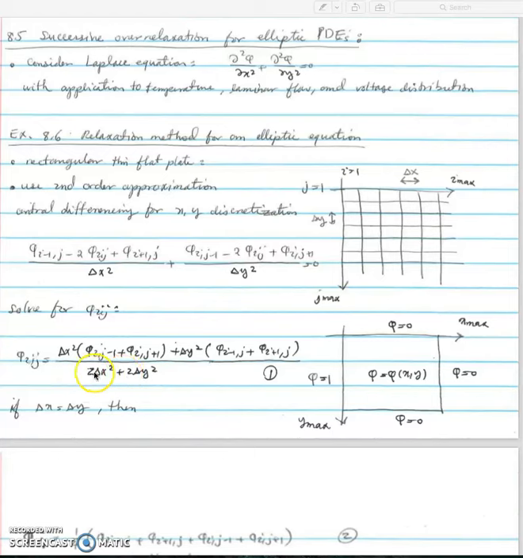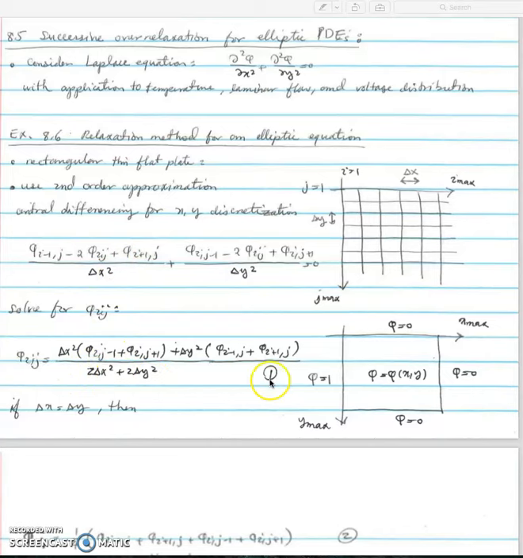The factor 2 here comes from the prefactor 2 in the original equation. To go from here to there, we actually multiply through by del x squared del y squared. That's why the coefficient for phi ij becomes del x squared plus del y squared, multiplied by 2.